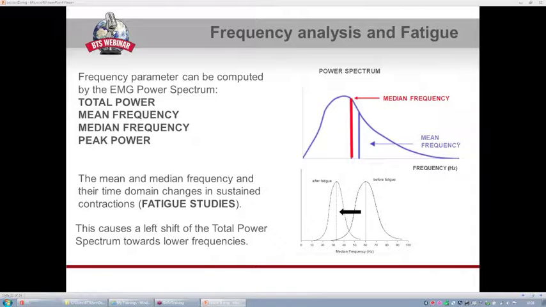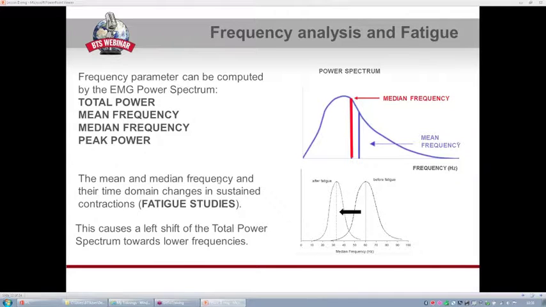Well, now I'm going to show you some other parameters that can be calculated from the spectrum of a signal. For example, we can compute the mean frequency, that is the mathematical mean value of the spectrum curve.